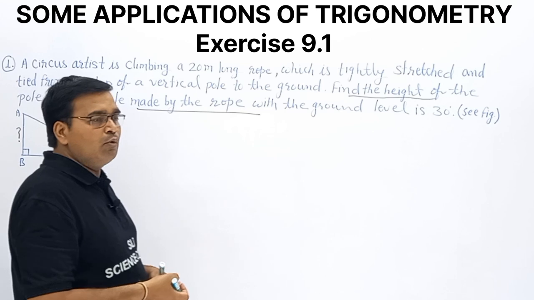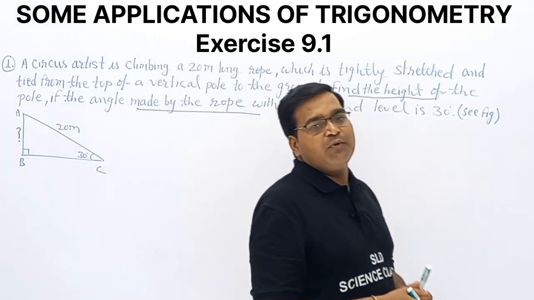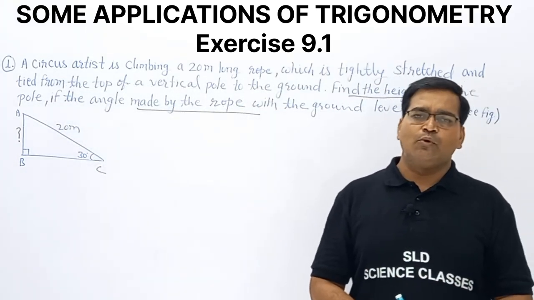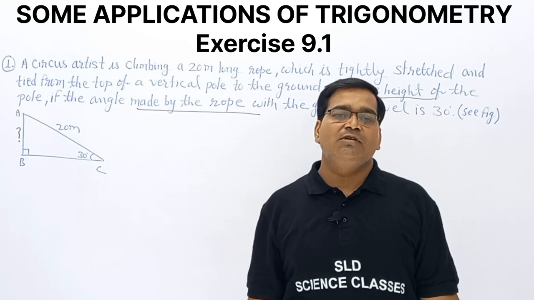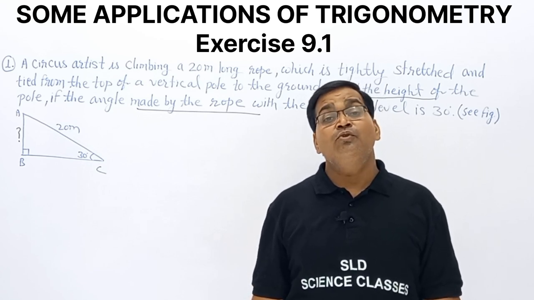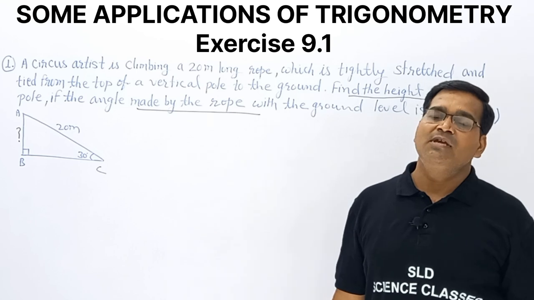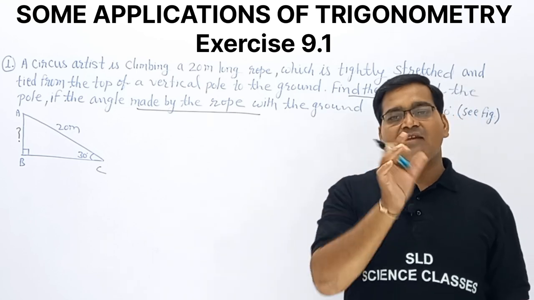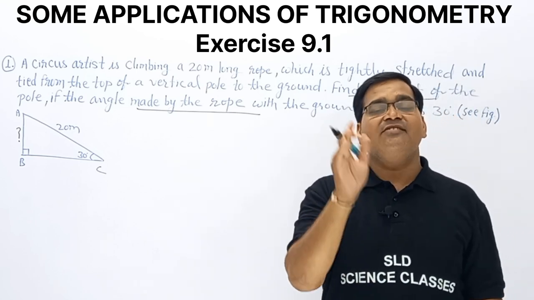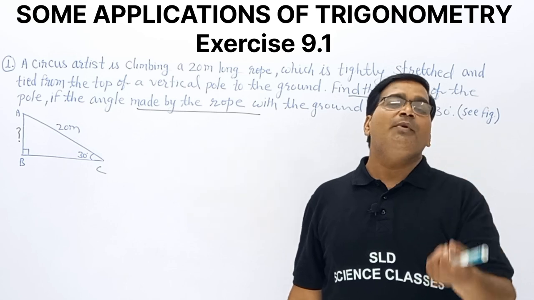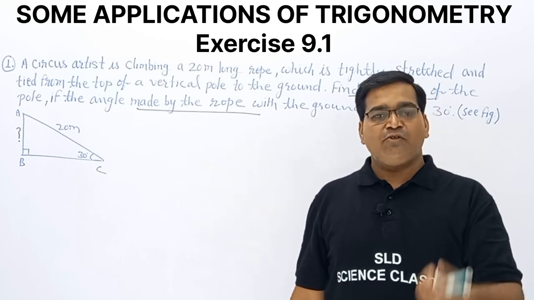In trigonometry, we are having trigonometric ratios, and to find these ratios we require one right triangle, whose sides ratios are the trigonometric ratios.